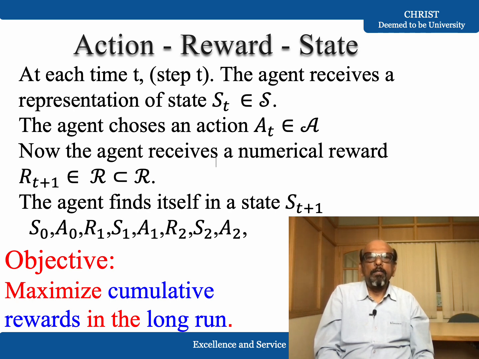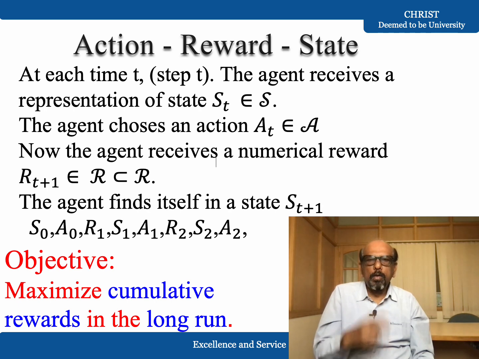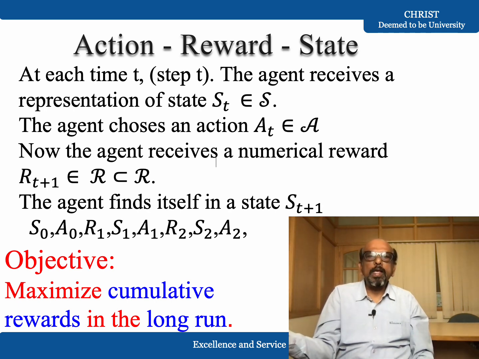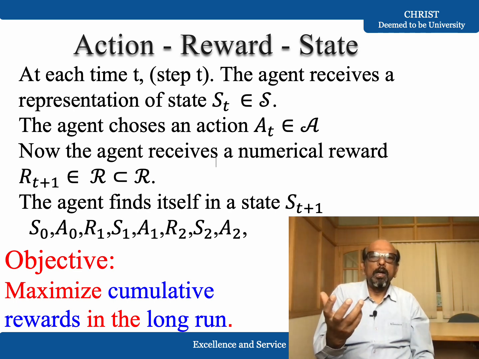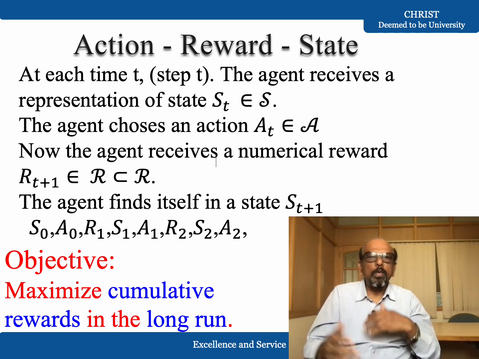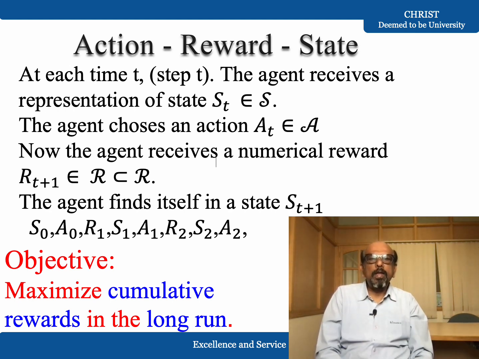Now, when At is chosen and performed, two things happen. One is the state changes from St to St+1 and you get a reward of Rt+1. Then you continue. So the agent finds itself in state St+1.